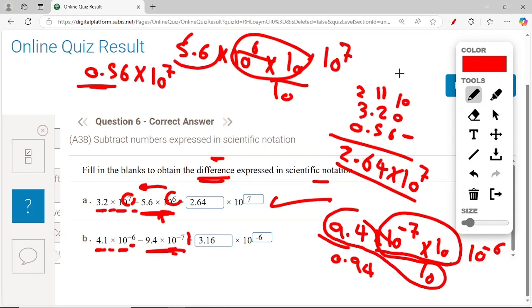So it will be 4.1 minus 0.94. Okay, so this will be 0, so this will be 10, 0, 10, 3. So 10 minus 4 is 6. 10 minus 9 is 1. So 3.16 multiplied by 10 to the power of minus 6.